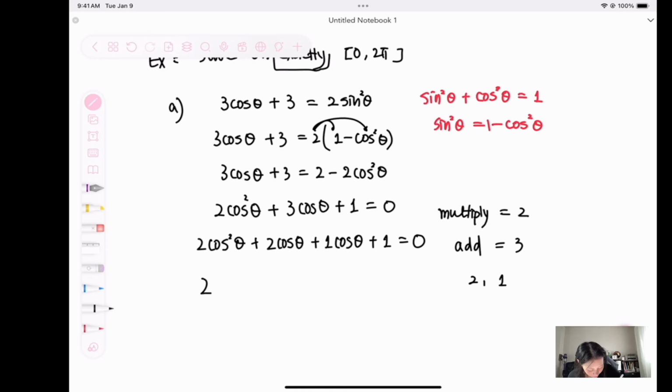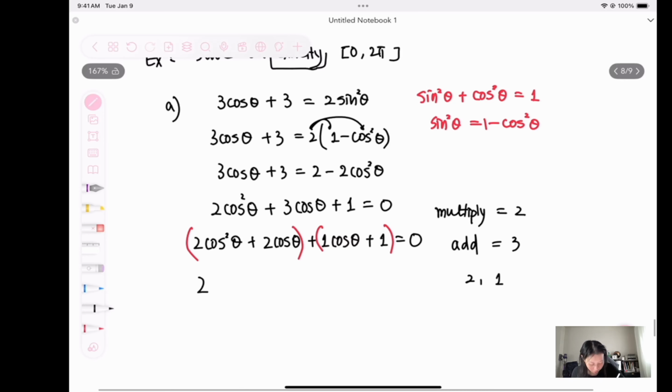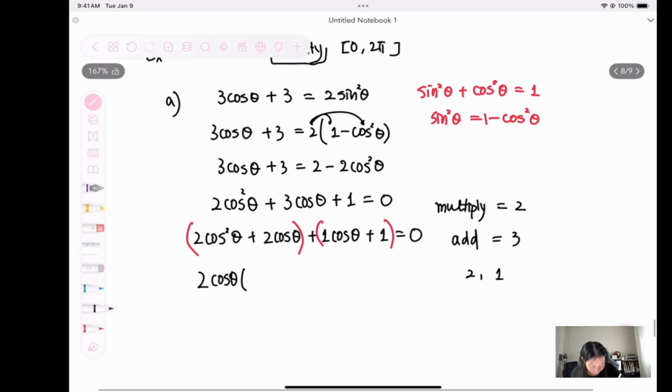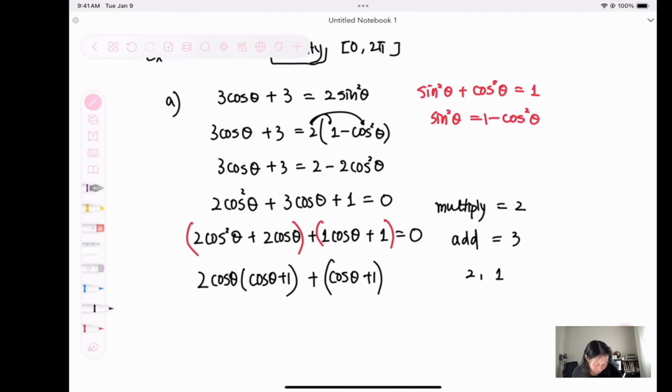Factor the common factor from the first two terms: 2 cosine theta times cosine theta plus 1. The second group, I can just write cosine theta plus 1. Now the common factor is cosine theta plus 1, so I have cosine theta plus 1 times 2 cosine theta plus 1 equals 0.